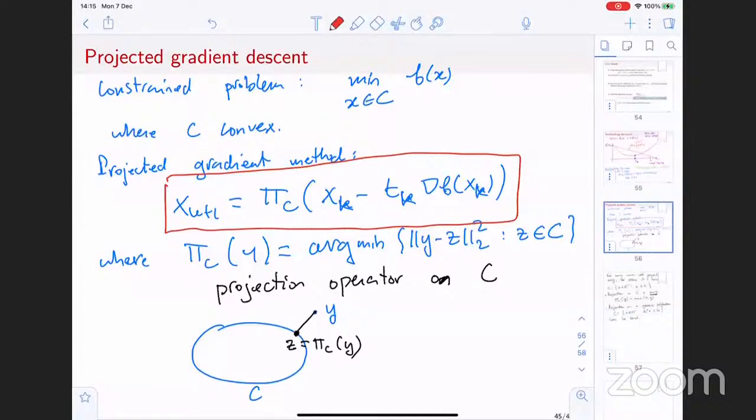Hamza? Yes. You have mainly three questions up to now. One related to smoothness: why do you need smoothness to talk about descent methods?